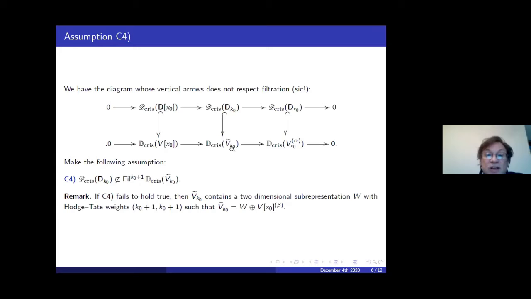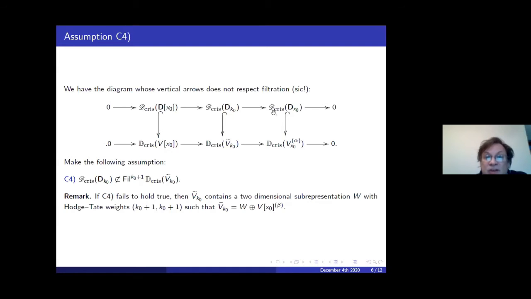V tilde K0 is the inverse image of Vx0 alpha under the projection of the whole deformation Vk0 onto Vx0. And because we already know that V tilde K0 is crystalline, if we apply D cris, this gives an exact sequence too.